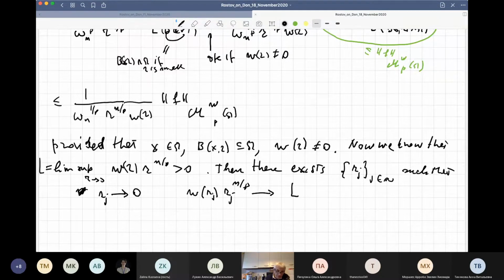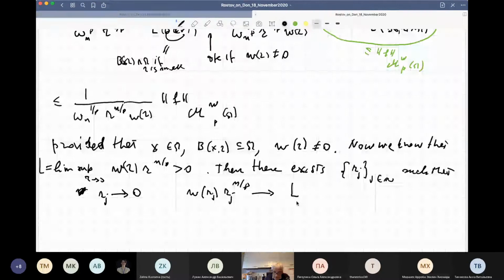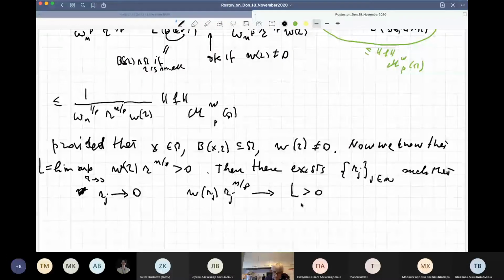And in particular, this was, you remember, greater than 0 by assumption. So if this sequence converges to a number which is strictly greater than 0, then after some indexes, this is not going to be 0.